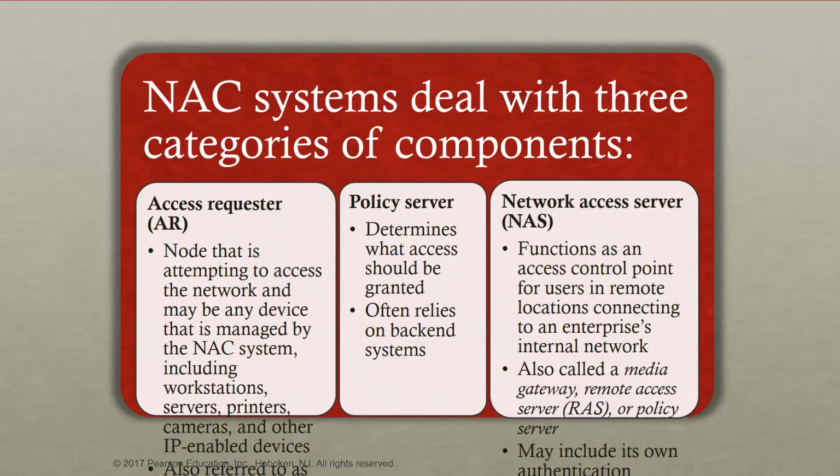The NAS functions as an access control point for users in remote locations connecting to an enterprise's internal network. Also called a media gateway, a remote access server, RAS, or a policy server, an NAS may include its own authentication services or rely on a separate authentication service from the policy server.